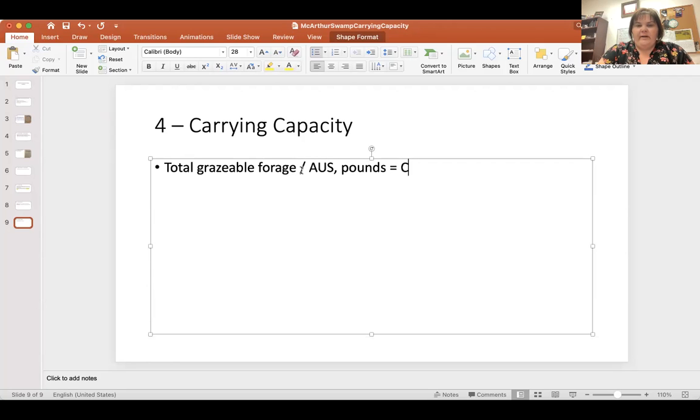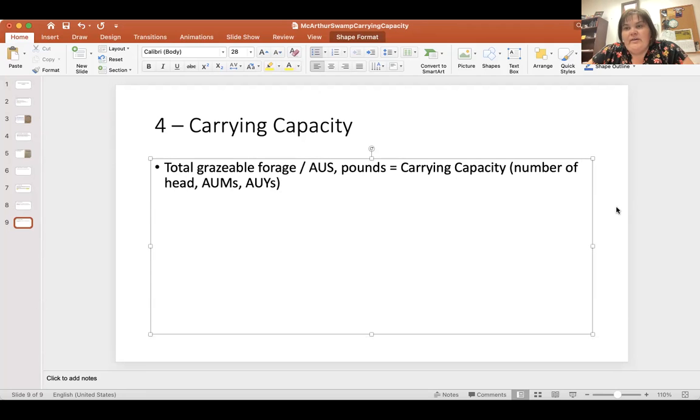And that'll give you carrying capacity. And so carrying capacity can be expressed in number of head it can support, you can translate it to AUMs. That's totally fine. Or it could even be AUYs. So there's all kinds of factors that you can actually calculate in there.